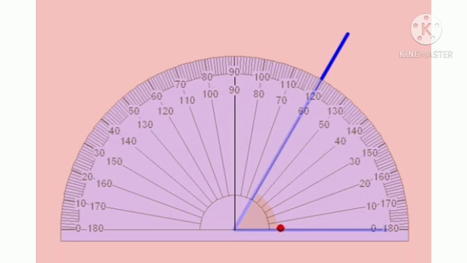The angle I'm measuring is here. If I look at the scales here, I want to use the one that starts at 0, so I'm going to use the inside scale. I can see that it goes around to exactly 60 degrees. So the size of my angle is 60 degrees.